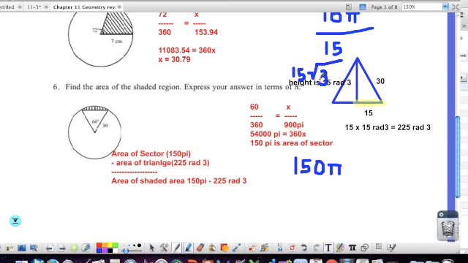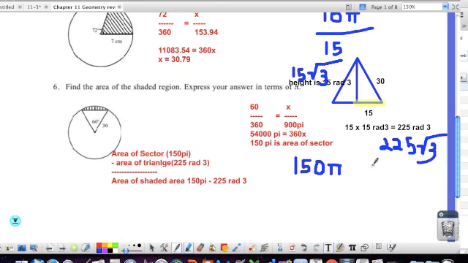Now, to find the area, we can do 2 different things. We can do the base, which would be 30, times the height divided by 2. Or, since I already have 15 here, we can take half the base, which is 15, times 15 radical 3. So 15 times 15 is 225 radical 3. We're going to start with 150 pi and subtract 225 radical 3.